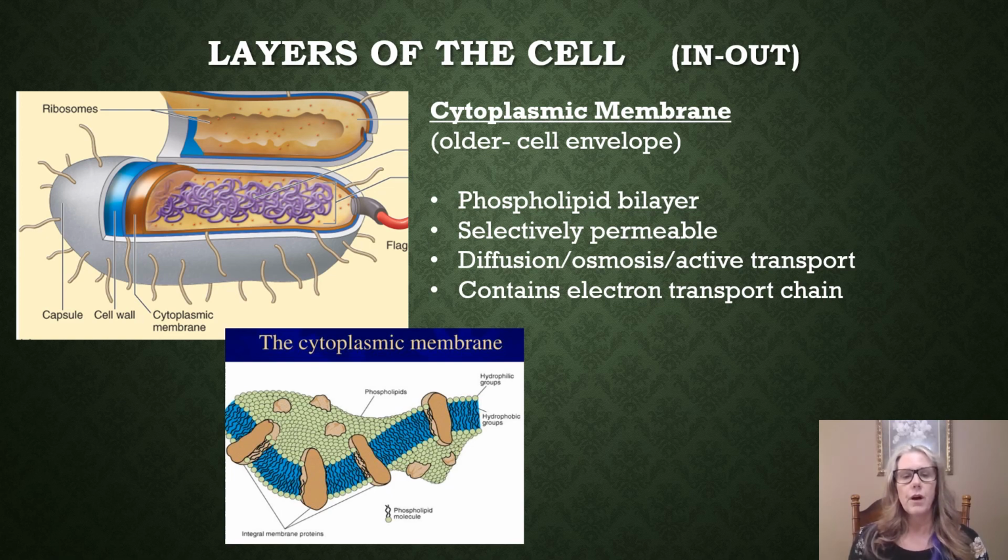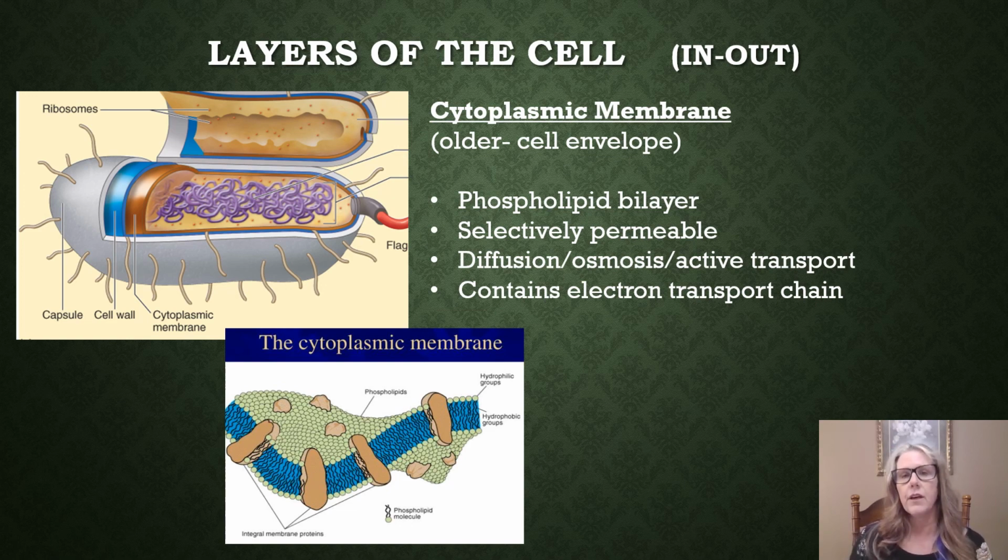Now, up until this point, it sounds almost exactly like your plasma membrane, the cytoplasmic membrane of bacteria. However, there is one big difference. There is a process that goes on in the bacterial cytoplasmic membrane that does not go on in your plasma membrane.